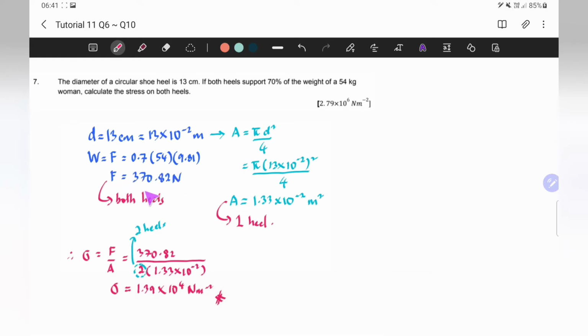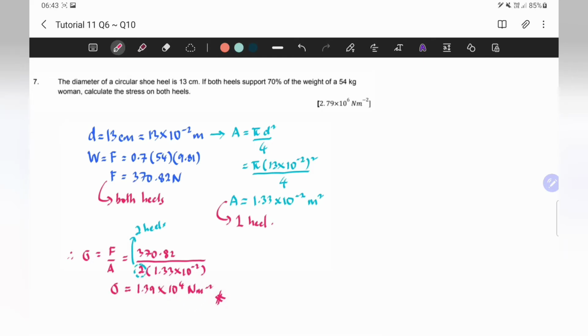But remember, this is the force supported by both heels because we have two legs, isn't it? This is the area for one heel only. In calculating the stress, which equals F over A, this is the force supported calculated just now, and the area should involve both heels, so we need to multiply by 2. So we substitute the values here and you will get the stress.